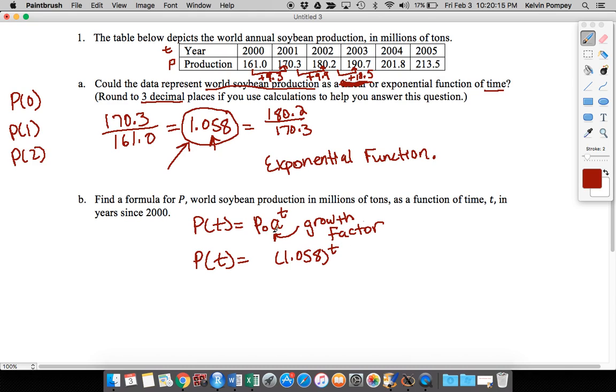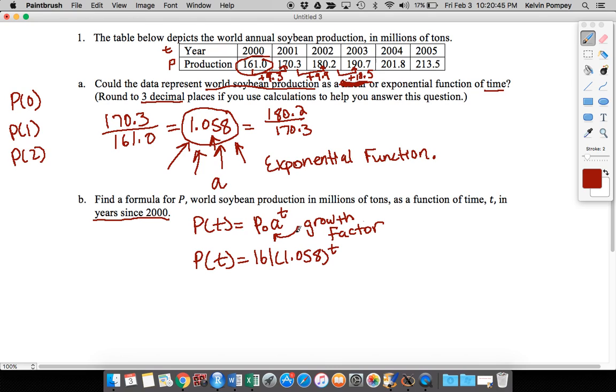We're writing this function in terms of t, the number of years since 2000, so my initial quantity is the quantity in the year 2000, which is 161. So it'll equal 161 times 1.058 to the t. Remember, this factor always is your a in an exponential function. It's an approximation here because we have rounded to 3 decimal places, but that is fine.